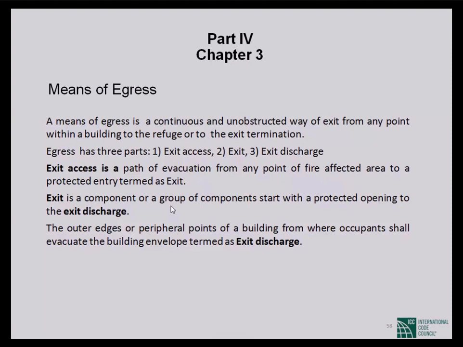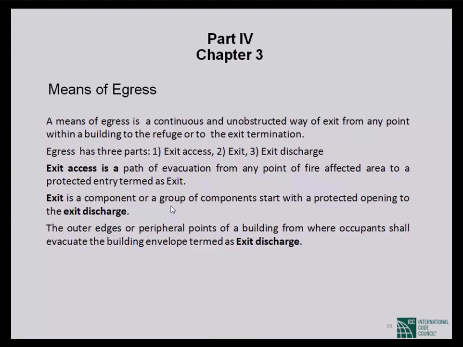From the door to the outer exit is the exit. Normally it is a fire door. The outside of the fire door is the termination of the exit access, and the inside of the door is the start of the exit.